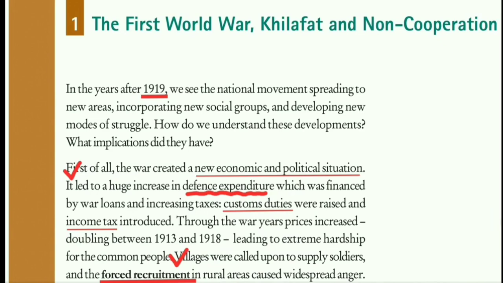They came here for the purpose of trade in the form of the East India Company. That was the year 1600, and then gradually they started annexing the territories. They came for trade, but their greed increased and they started ruling us. They started acquiring territories from us.